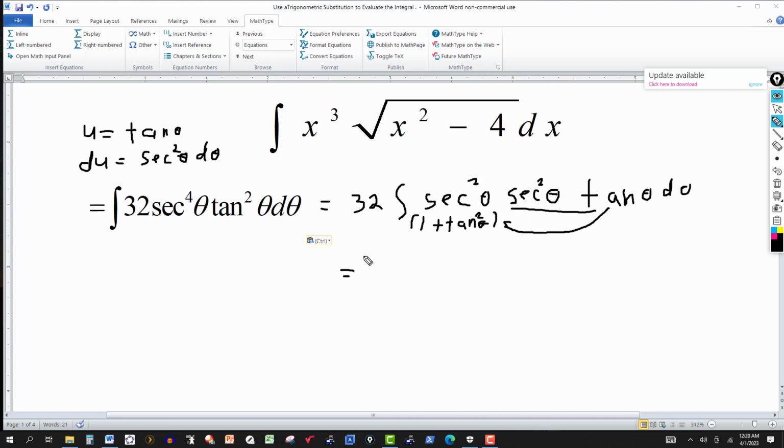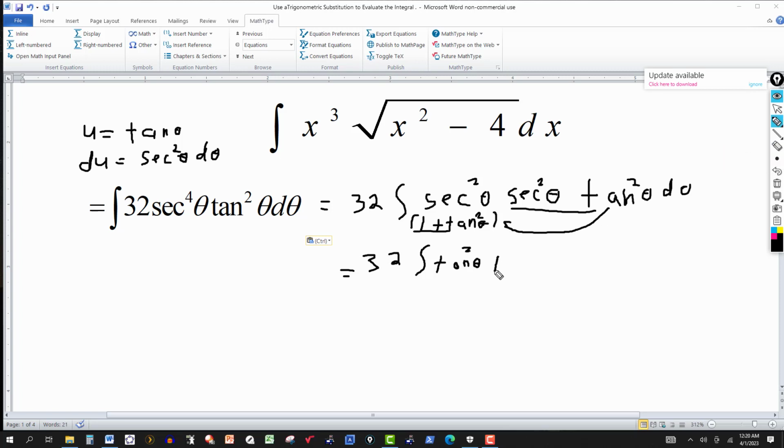So this is then going to give me 32, the integral of, so this tangent here, I'm going to multiply through here. This is going to give me tangent of theta, and of course this was the square here. So when I multiply times this expression, this is actually tangent squared theta.